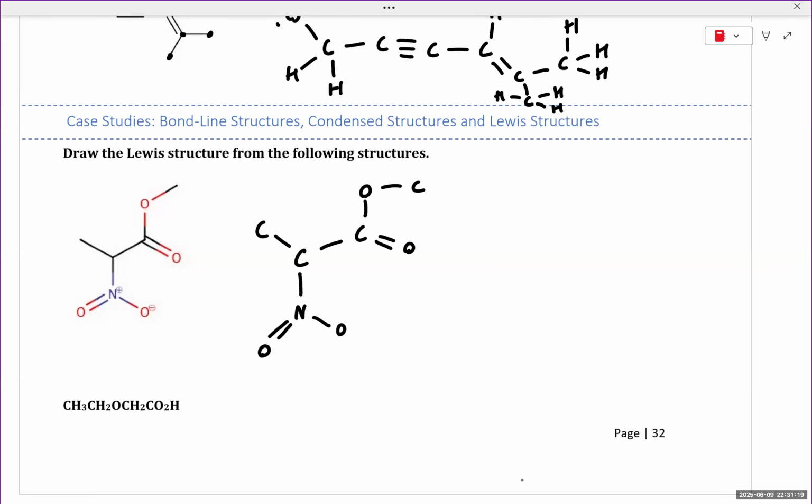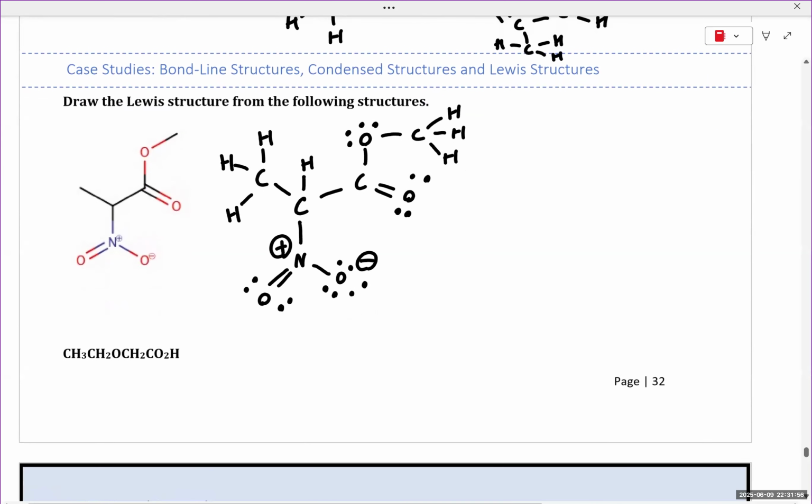From here, we're going to add lone pairs to give a complete octet or the correct formal charge to all of our non-carbon atoms. For our carbon atoms, we're going to add implied hydrogens such that it would give a complete octet. This carbon here has 4 bonds, so we don't need to add any additional hydrogens. This CH3 group needs 3 hydrogens in order to have 4 bonds and a complete octet.